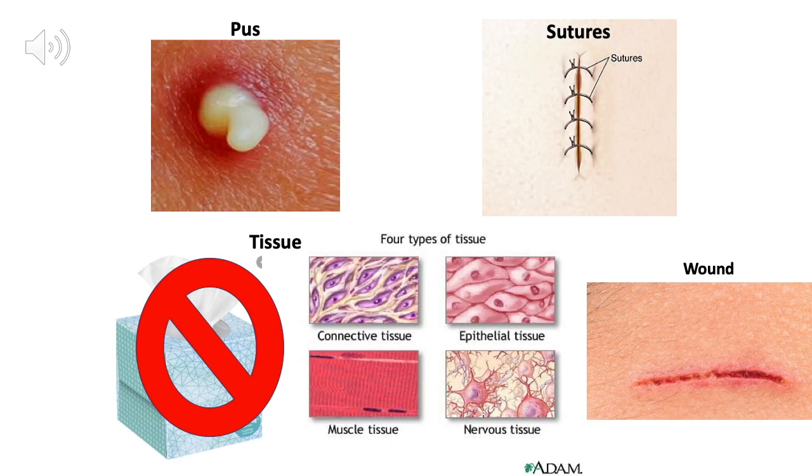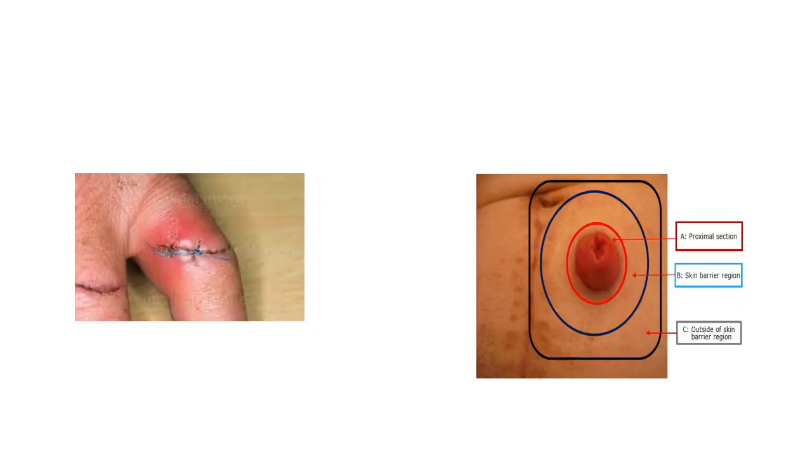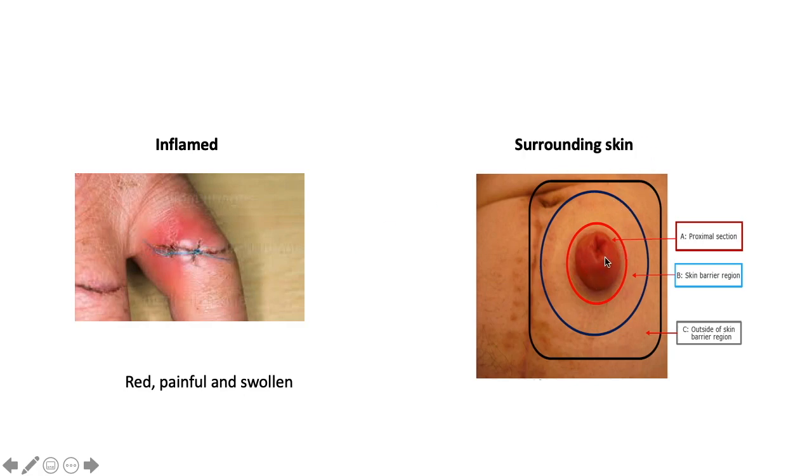And we have a wound, which is, like we mentioned earlier, an injury to the skin. Here we already mentioned that this wound is inflamed, which is either red, painful, and swollen. And here we have a stoma, right? We know this is a stoma.